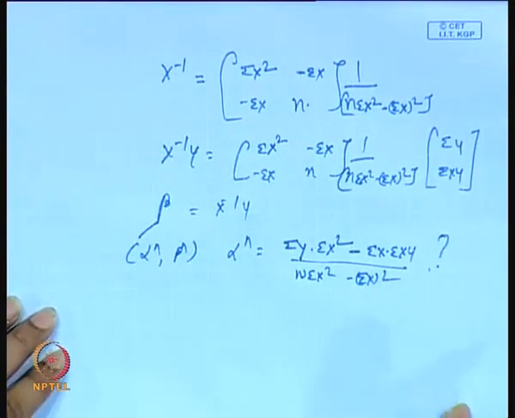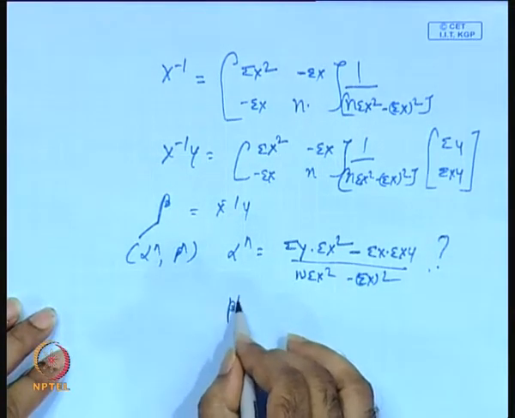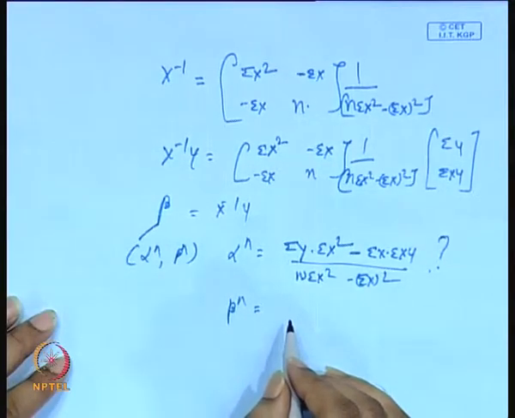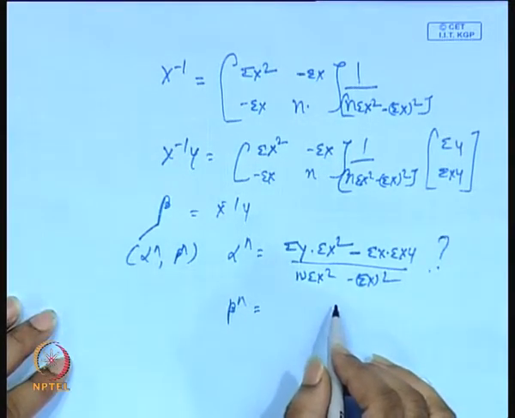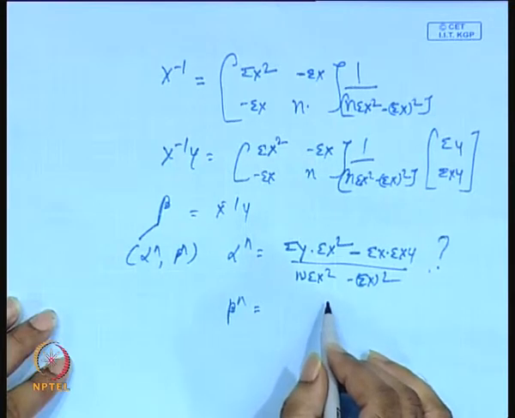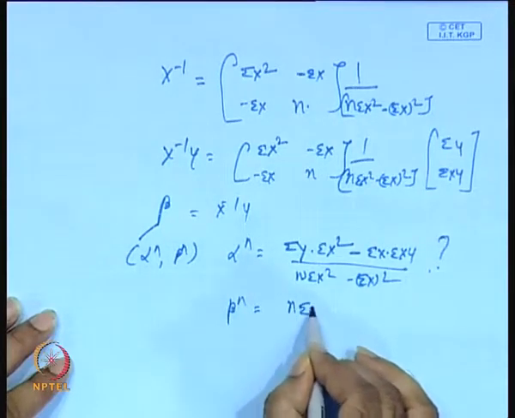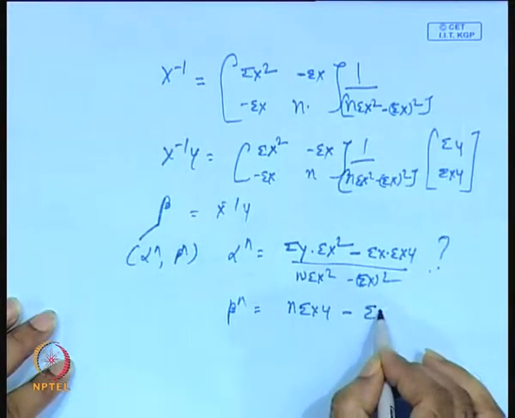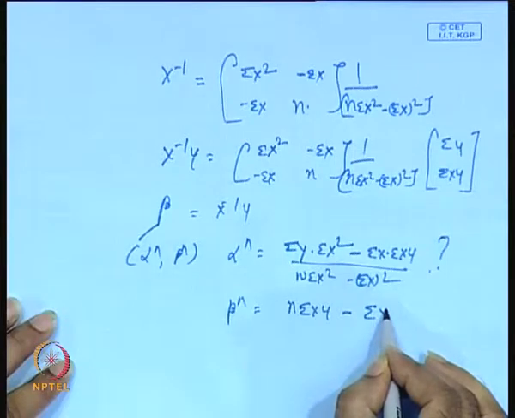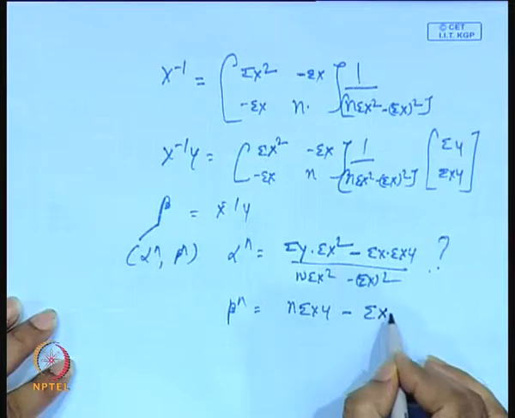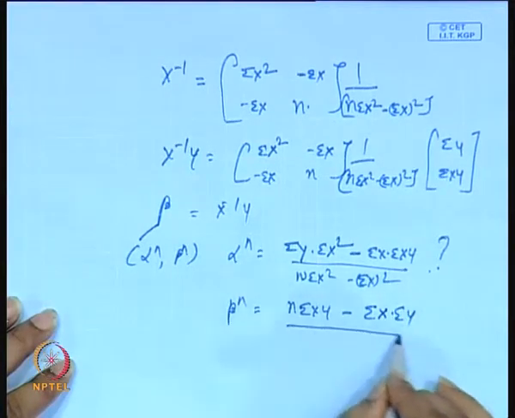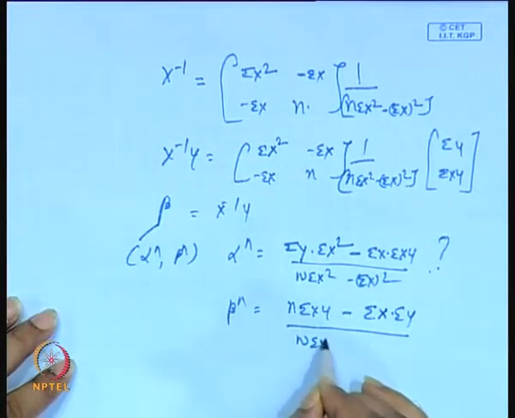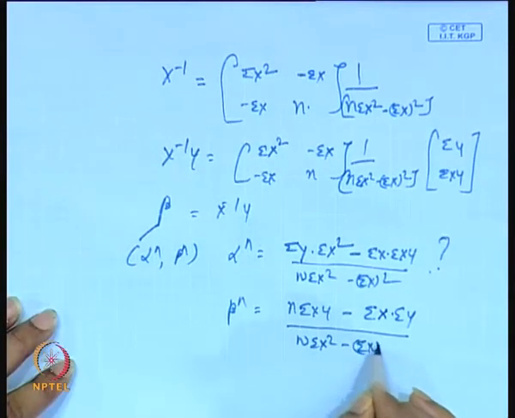Similarly, we will get beta hat equal to n summation xy minus sum x into sum y, divided by n summation x squared minus sum x whole squared.